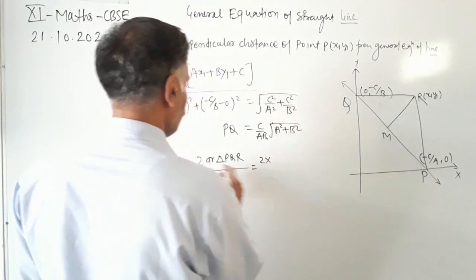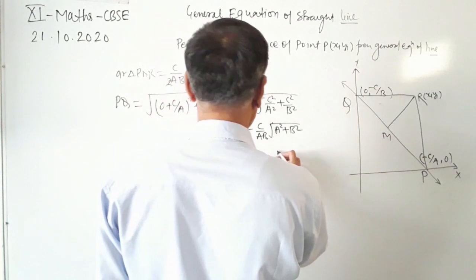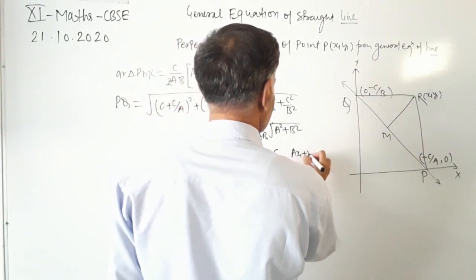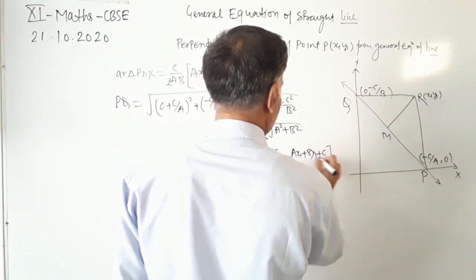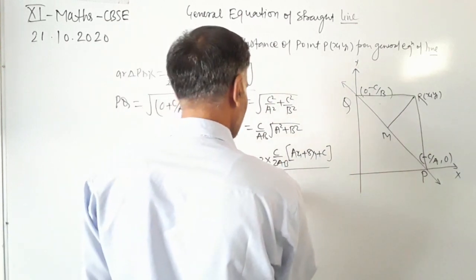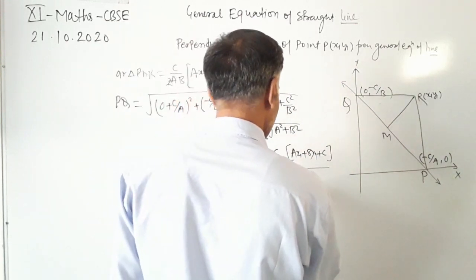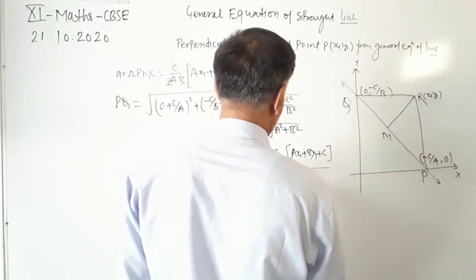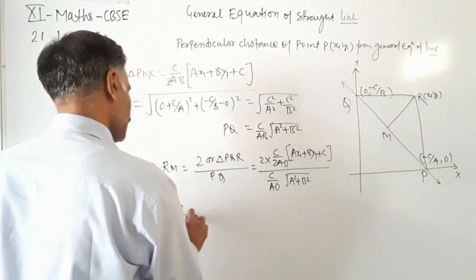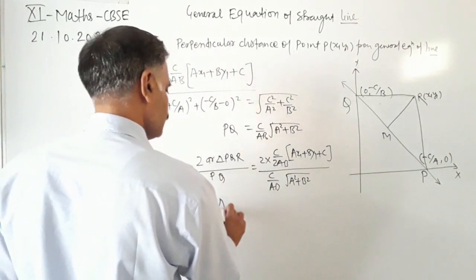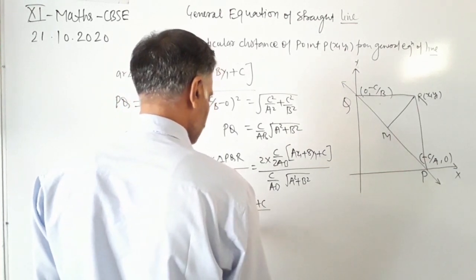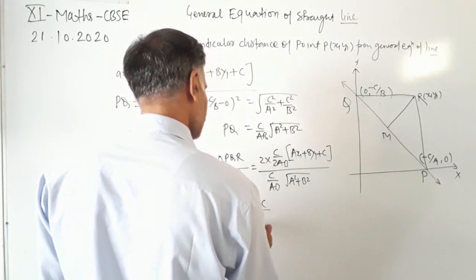So 2 into area of triangle PQR is c upon 2ab into a x1 plus b y1 plus c, upon PQ, c upon ab under root a square plus b square. So 2 will cancel 2, ab will cancel ab, c will cancel c. So RM is equal to a x1 plus b y1 plus c upon under root a square plus b square.